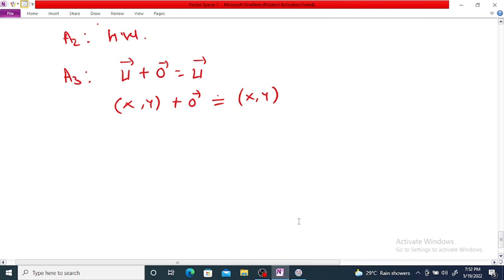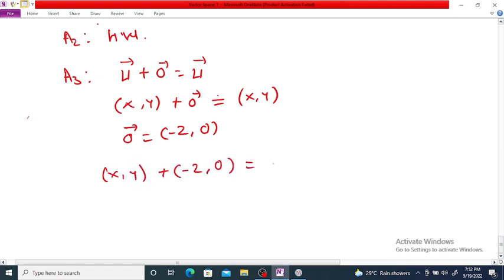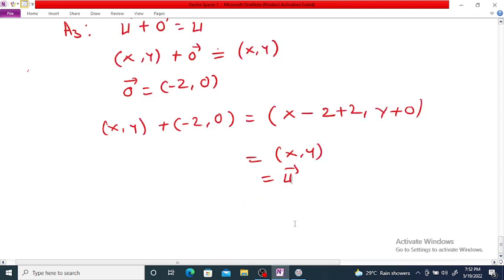If we take 0 bar equal to minus 2, 0, then we check xy plus minus 2, 0 under this operation: x minus 2 plus 2 and y plus 0. This is nothing but xy, which is equal to u bar. So 0 bar is equal to minus 2, 0, which lies in R square, and therefore A3 also holds.